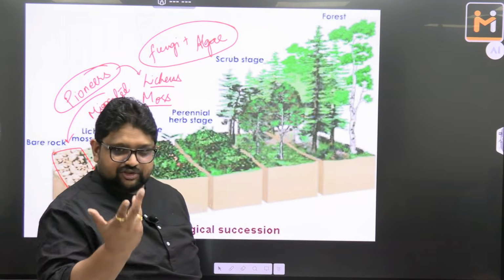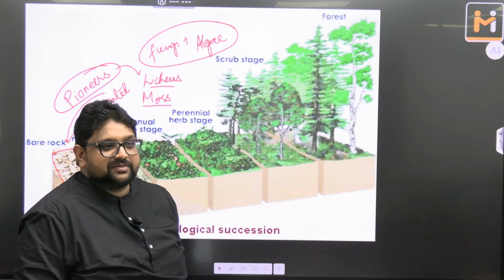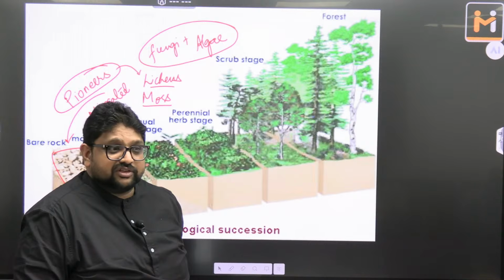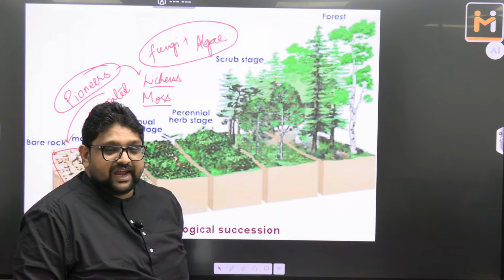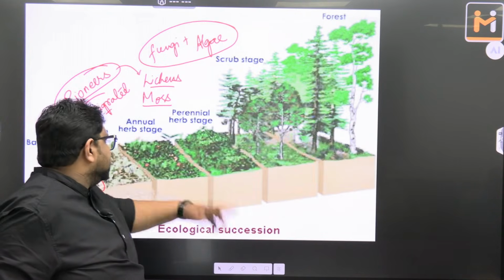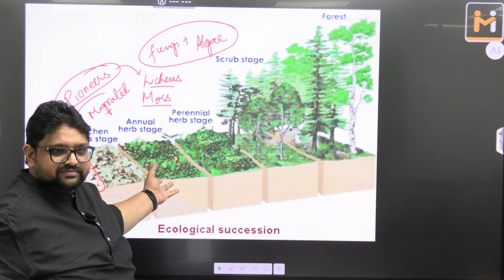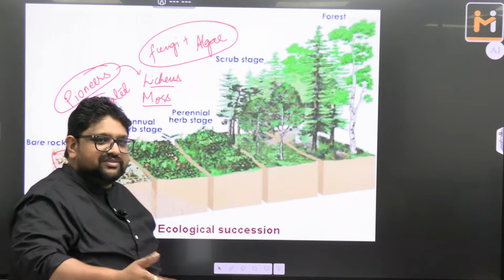Now soil is available, so they can establish roots. They will start growing on the soil, and most of the times they will replace the lichens, or grow along with the lichens. They will grow and start multiplying.